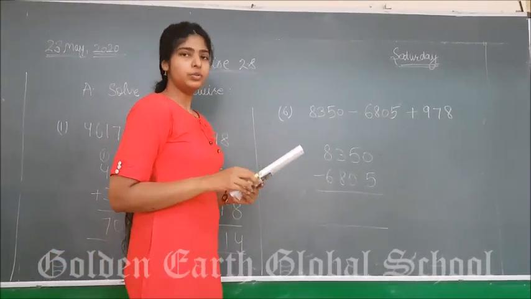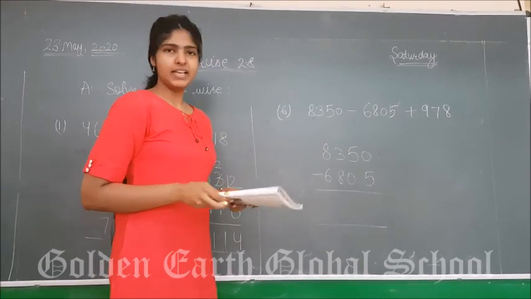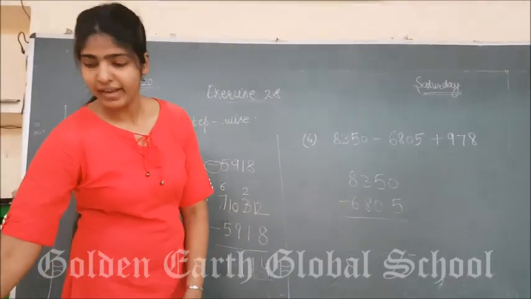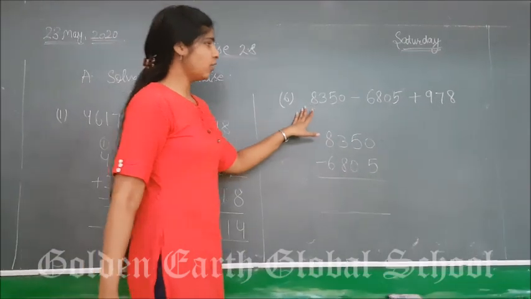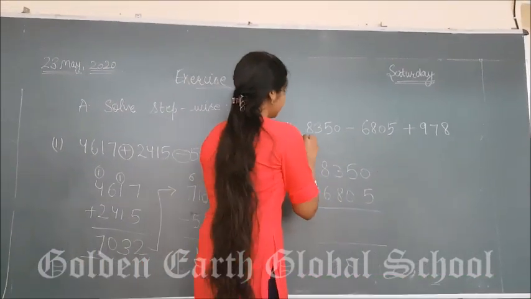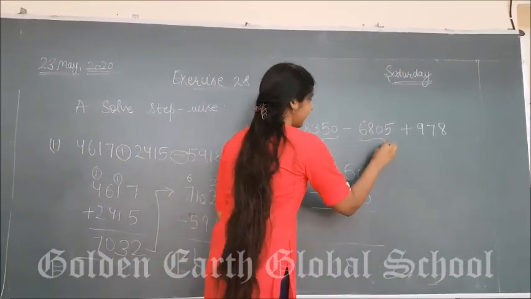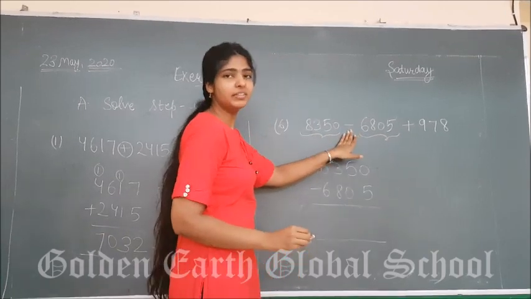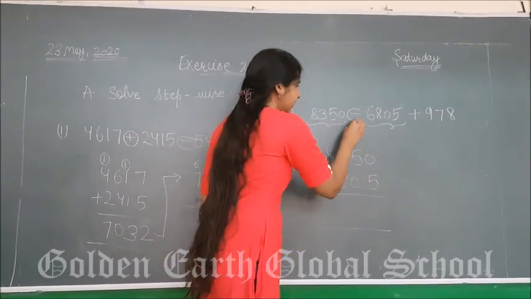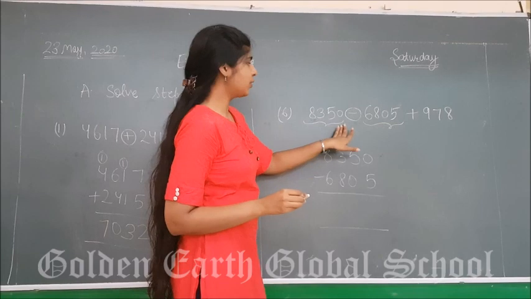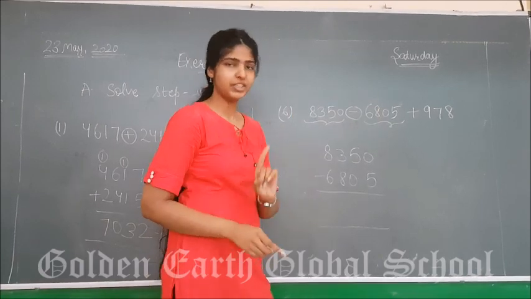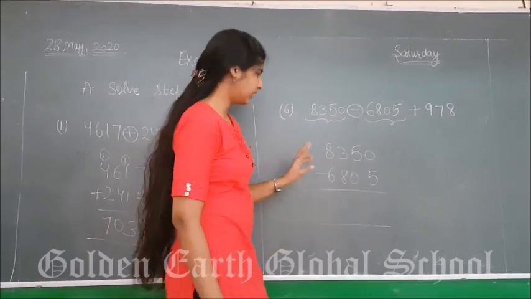Now we will do the sixth question. The rest questions you have to solve by yourself. In this question we have the first two numbers and in between we have the sign of minus. It means we will use concept of subtraction between the first two numbers, right?